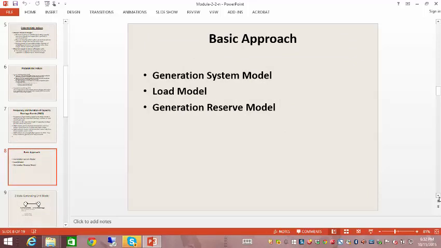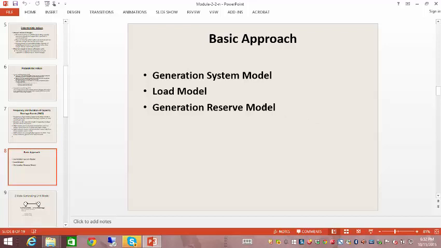Now, how do we compute these indices? The basic approach is the following. You first develop the model for the generation system, then you develop the model for the load, and then you combine these two models to create the generation reserve model.